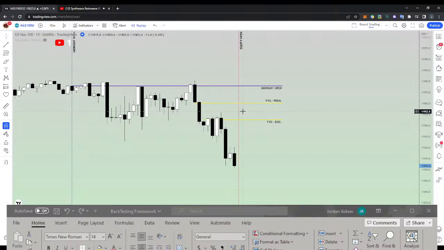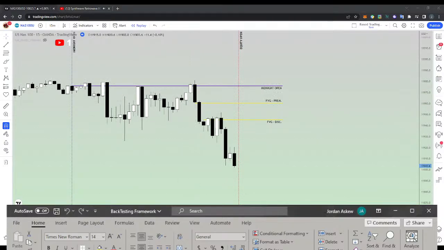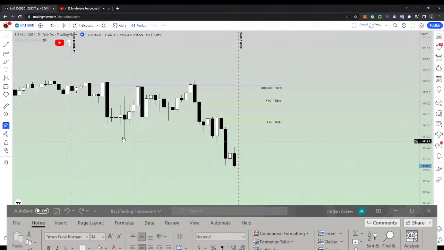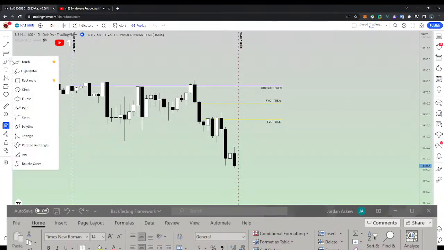Doesn't quite get there, but gets pretty close. What it does do, however, is it comes up into this swing high, a swing low, a higher swing high. So this little V-shaped price action here is a breaker. So we can also mark that out.